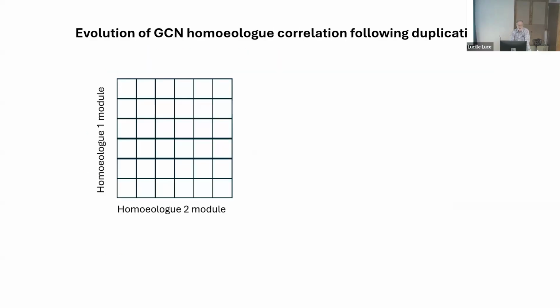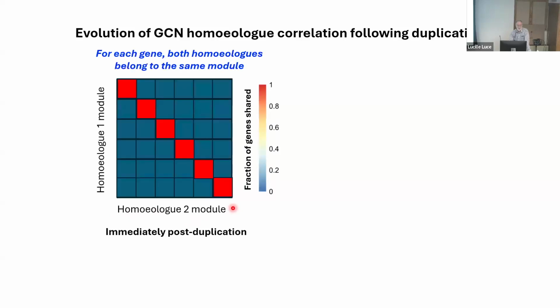And looking at this, thinking of this as a time course, we have the module in which one homolog, one of the two duplicated copies exists, and the module in which the second copy exists. Initially, we should see them belonging to the same modules, and all the genes would be shared, no change at all following duplication.